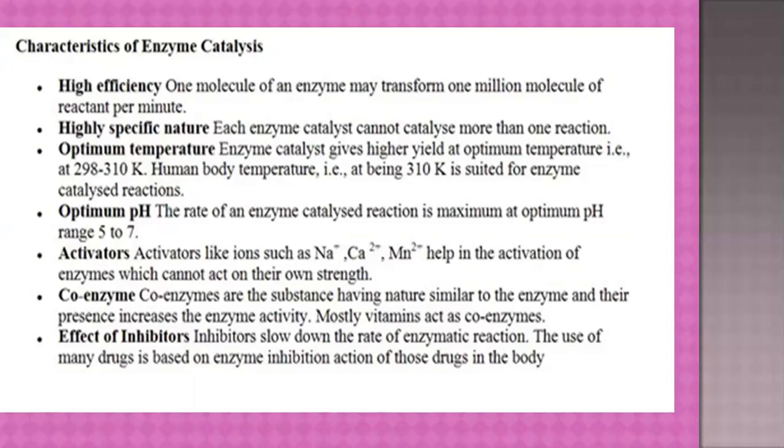Coenzymes are non-protein vitamins which, when present along with the enzyme, can enhance the enzyme activity. Effect of inhibitors and poisons: inhibitors and poisons can slow down the rate of enzymatic action, and the use of many drugs is based on the enzyme inhibition action of those drugs.